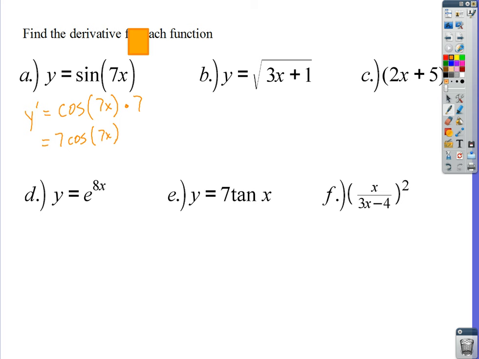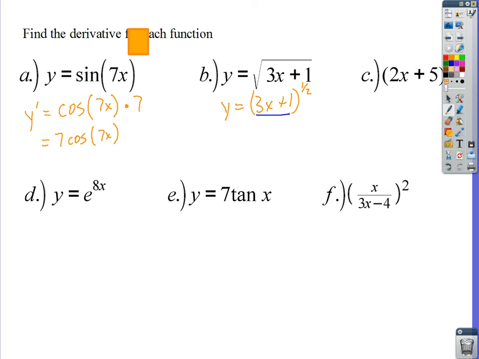Okay. So now let me take a look at this one here. Before I start dealing with this one, I want to rewrite it, because I always like to rewrite my square roots. I'm going to rewrite my square root as 3x plus 1 to the 1/2 power. And now hopefully you can see that the 3x plus 1 is my chocolate function.